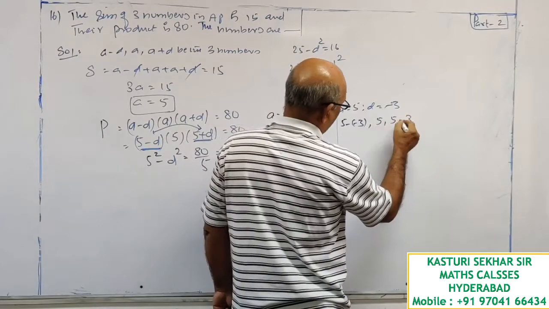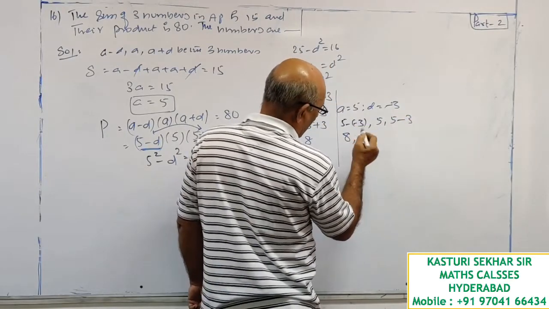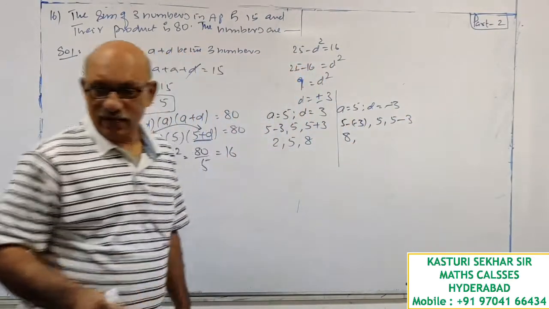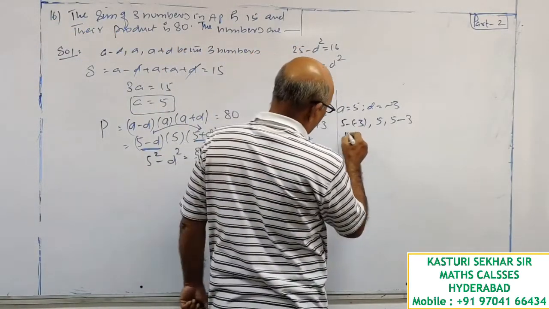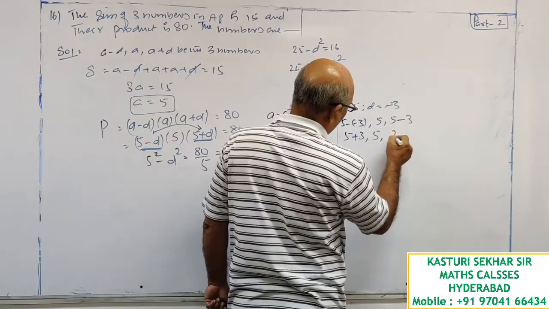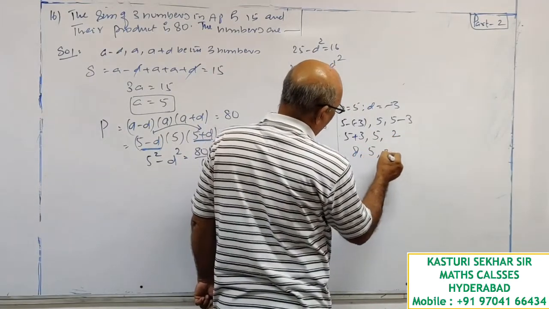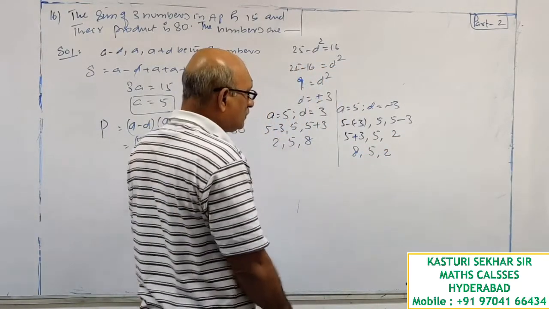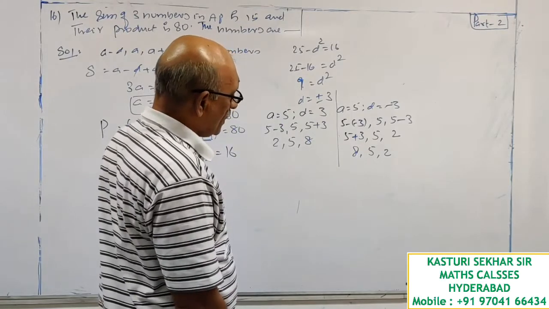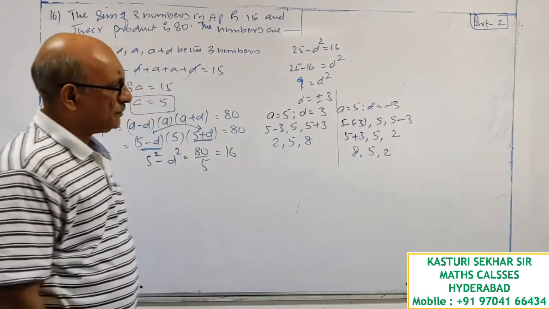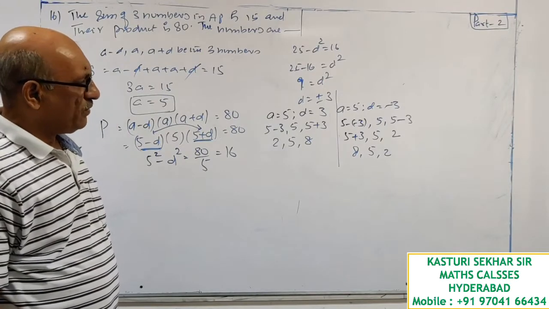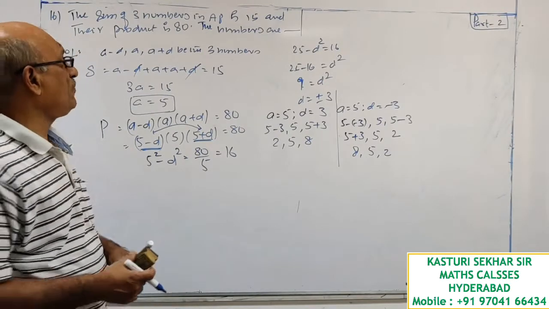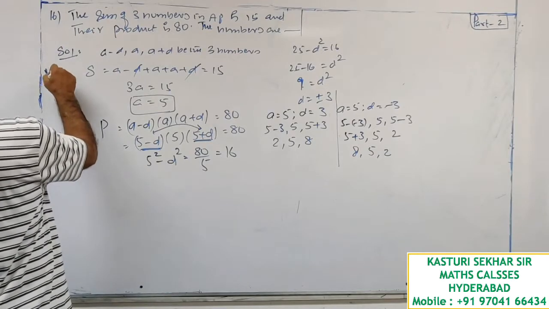So 8, 5, 2. So we have two sets: 2, 5, 8 and 8, 5, 2. This is one way of solving the question. This is method 1.